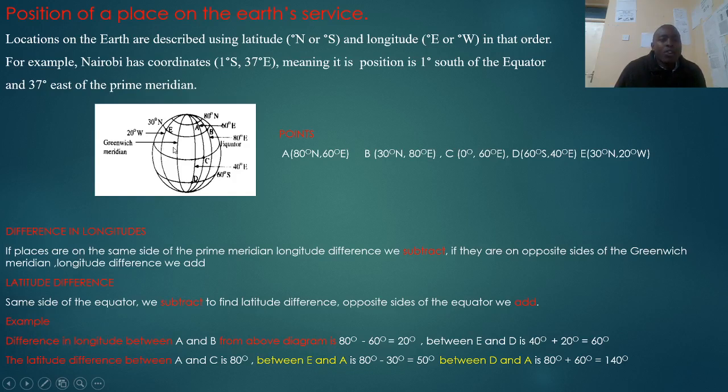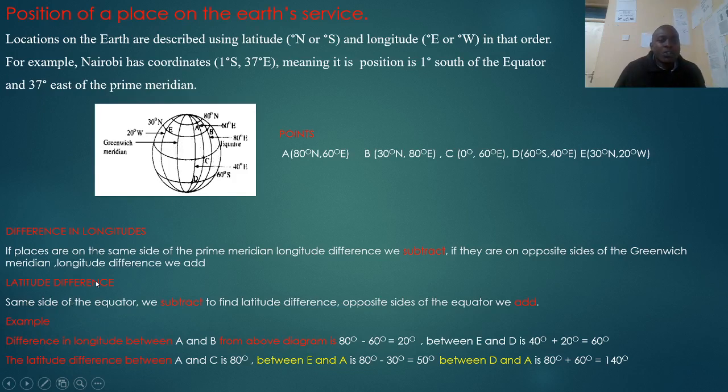And if they are on opposite sides of the Greenwich Meridian, like for instance, a point E and a point B, they are on different sides, so the difference in longitude will be the addition.